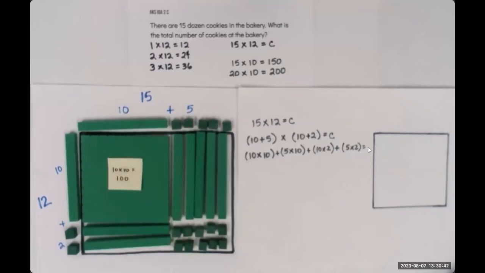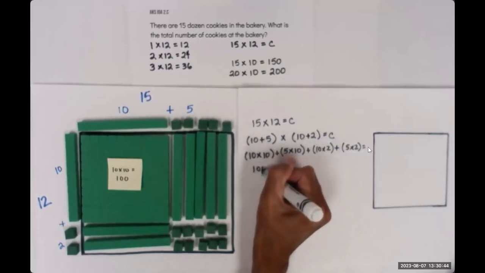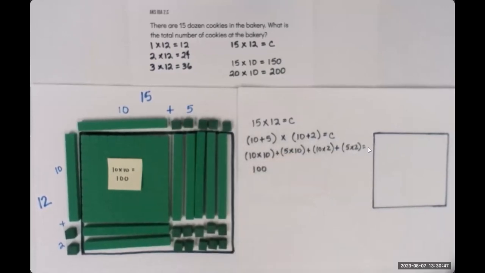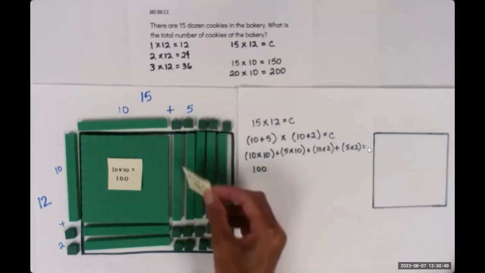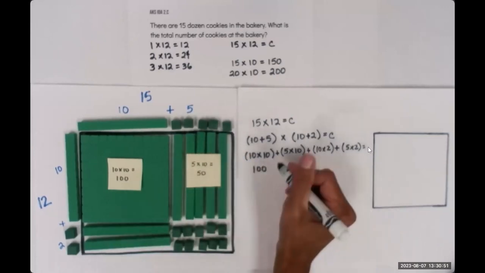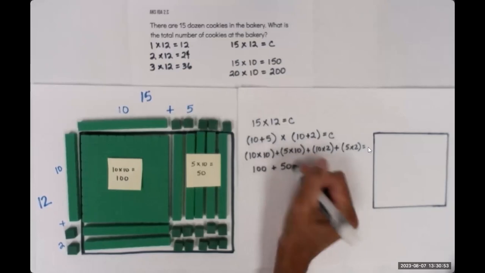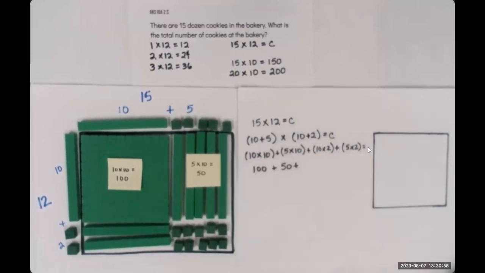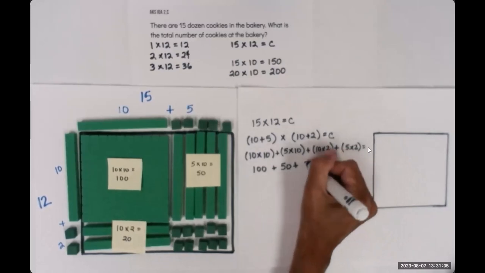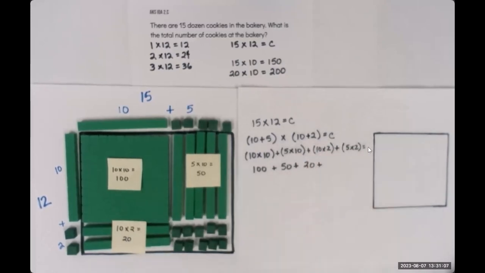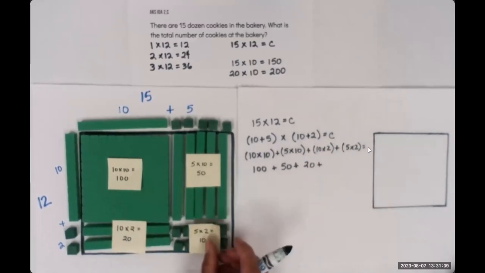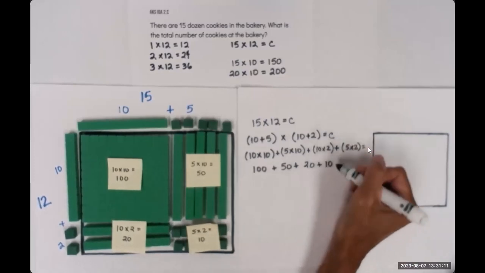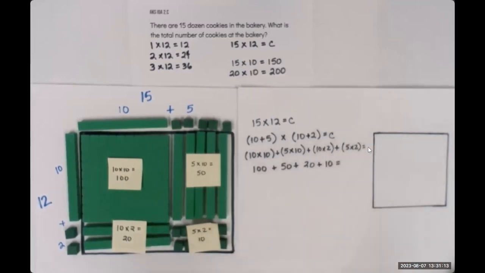So we had 100. So 10 groups of 10 was 100. 5 groups of 10 was 50. 2 groups of 10 was 20. And 5 groups of 2, or 2 groups of 5 was 10.